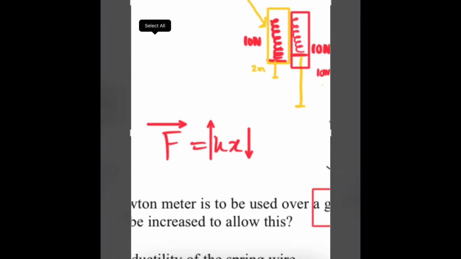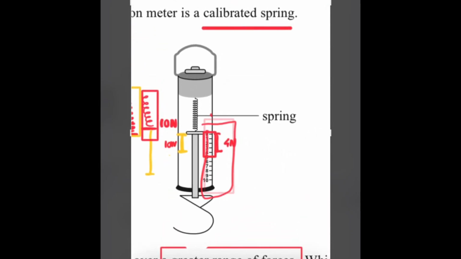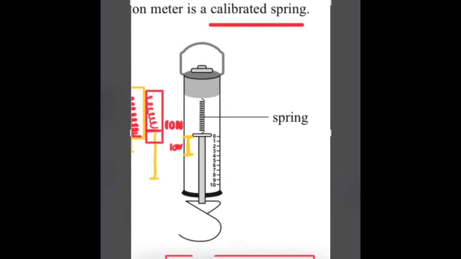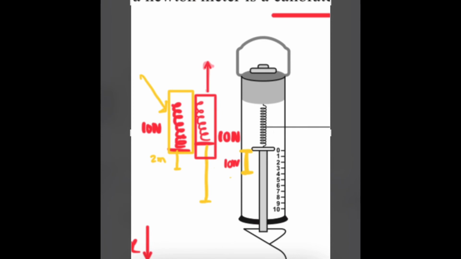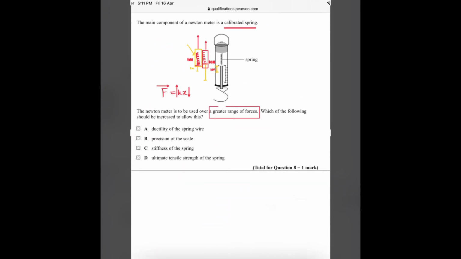So we can calibrate this range according to the extension. For example, for this spring 2 meter extension would mean 5 Newtons, but for this spring 2 meter extension would mean 20 Newtons. So we just need to adjust the stiffness of the spring. So C is the correct answer.